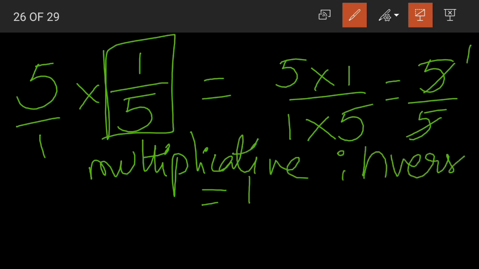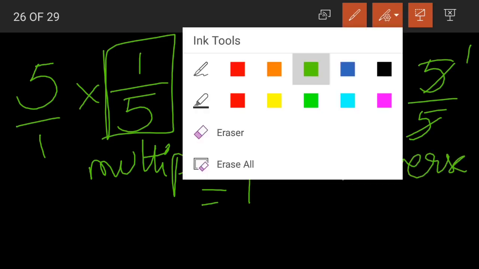Sorry, not identity. Multiplicative identity is 1. Multiplicative inverse is 1 by 5. Inverse means the reverse. Whenever a number is given to you, you write the reverse of that number. Numerator becomes the denominator. Denominator becomes the numerator.